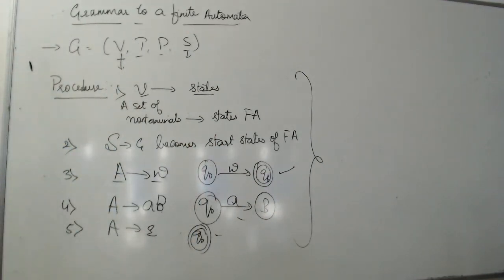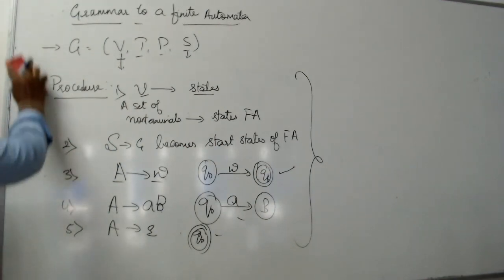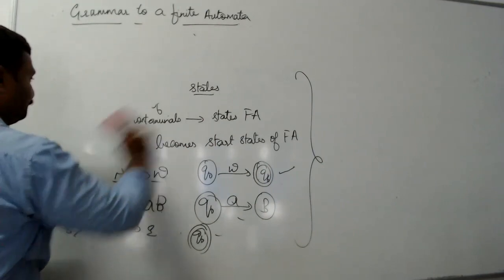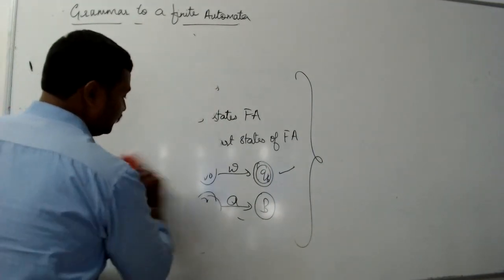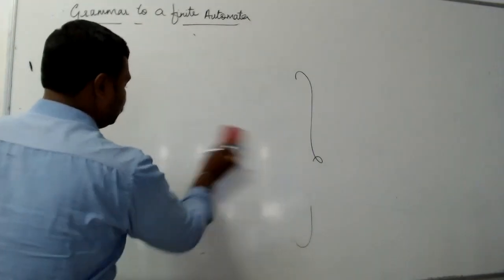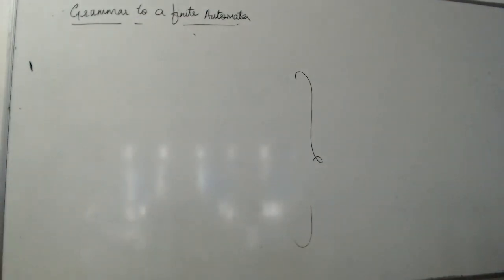So let us try to solve one problem regarding this particular grammar to finite automata. Obtain a finite automata from the following grammar, which generates strings of a's and b's ending with ab.